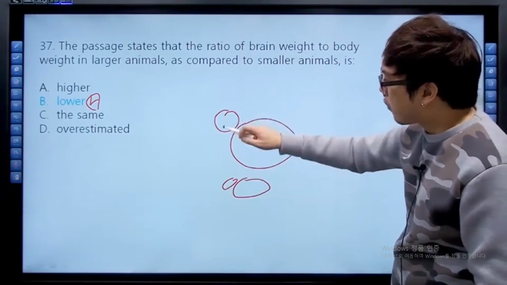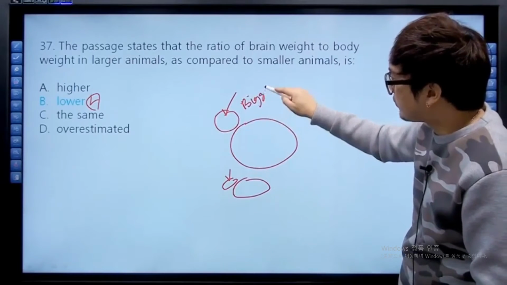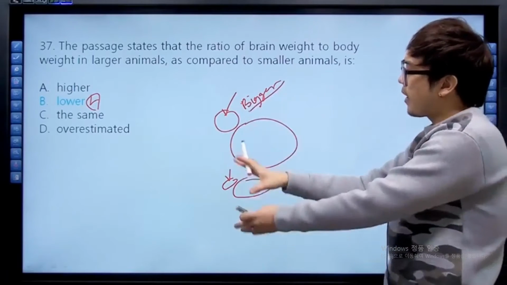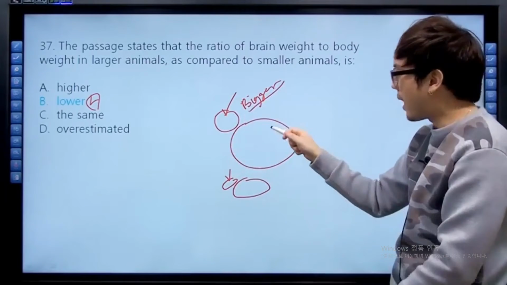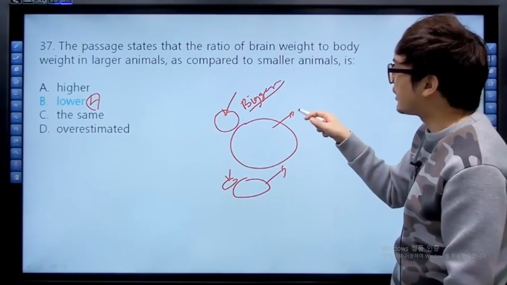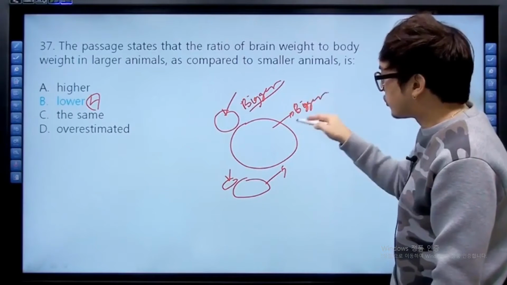Compared to the brain size, of course, the brain size in the larger animals is bigger, right? That's always bigger, and that's smaller, of course. But if you compare that with the body sizes, the body size is always bigger, of course, compared to the brain size.